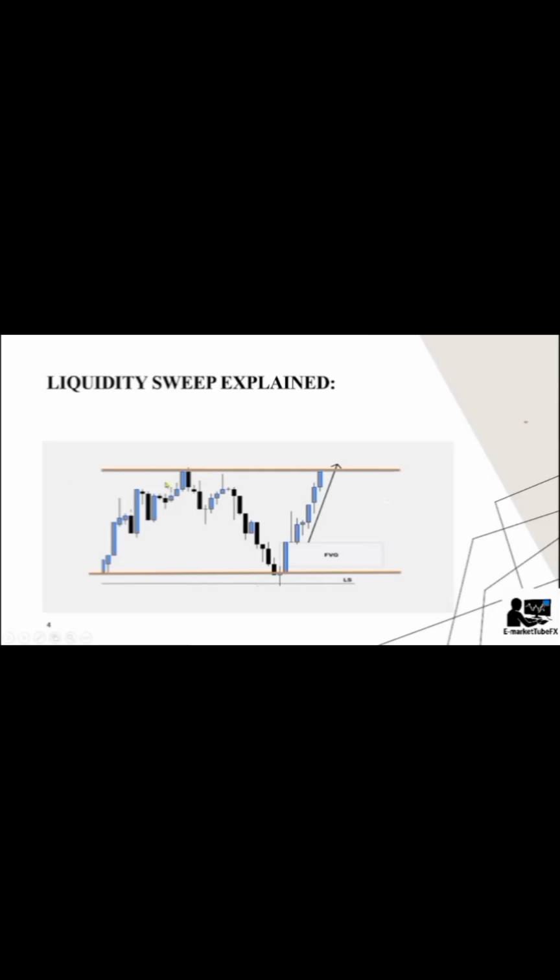As price reversed, we've marked that zone with this resistance bar drawn at this zone. Price got to this point, where buyers did their best to push price up, hoping that it can break this resistance and continue the bullish move.